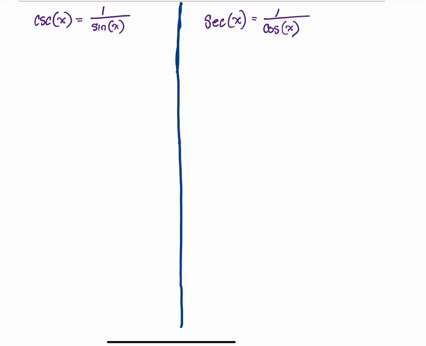So we have similar issues in terms of asymptotes. We can say that the cosecant should be undefined where the sine of x is equal to 0. And the secant we can say is undefined where the cosine is equal to 0.